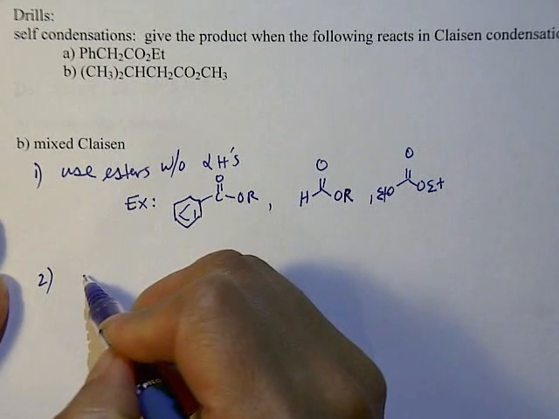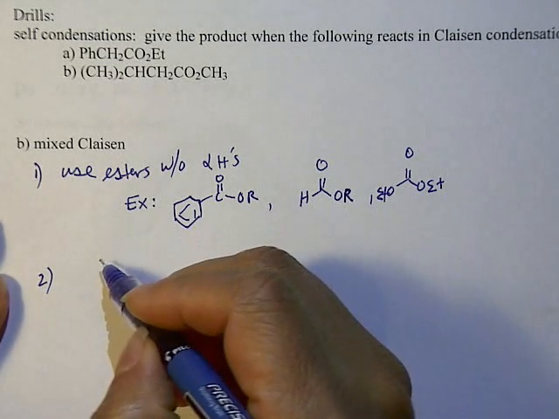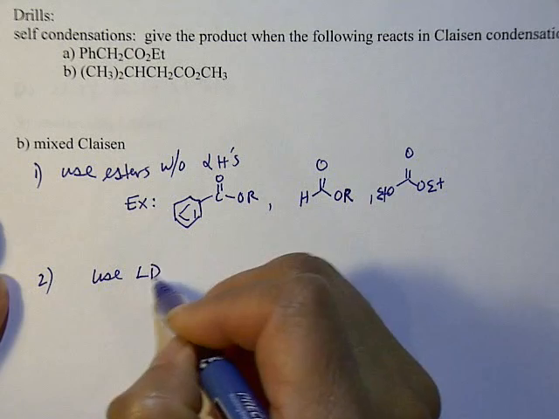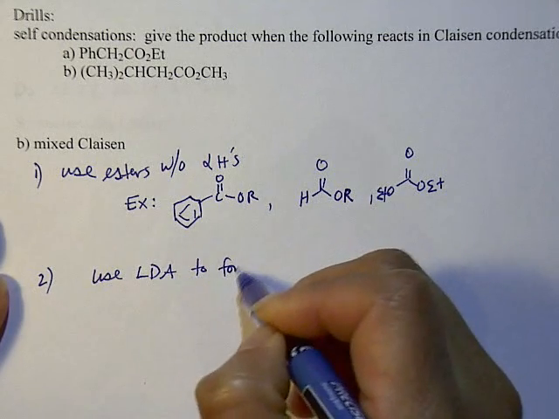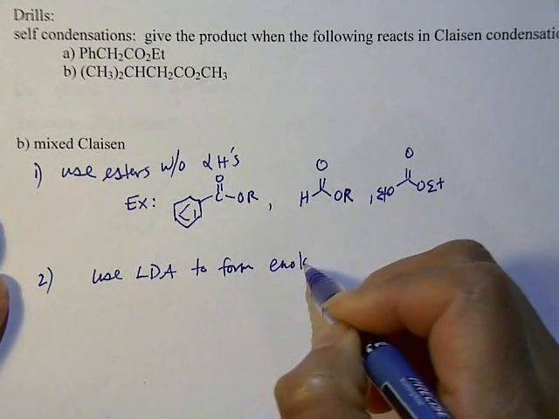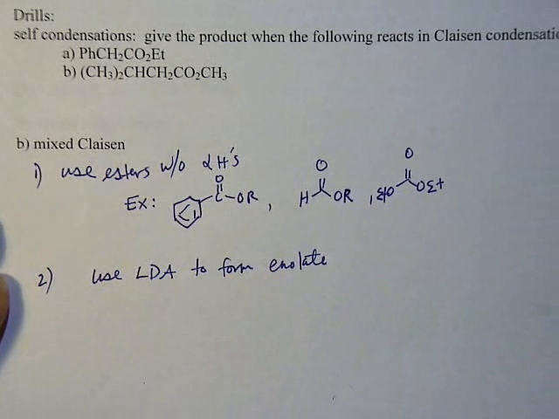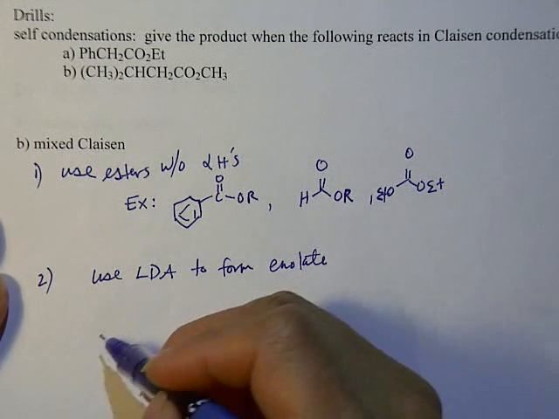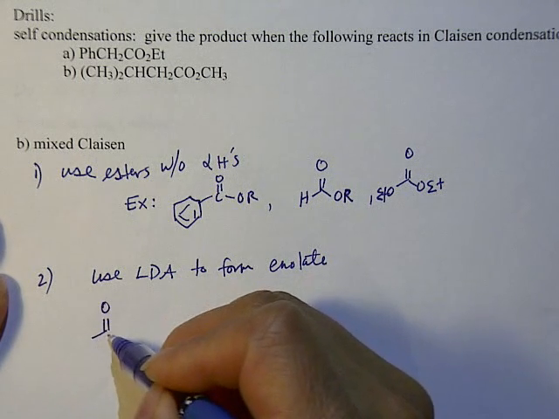Another method is to use LDA to form the enolate first, and then treat it with a different ester. So this would have to be done sequentially.